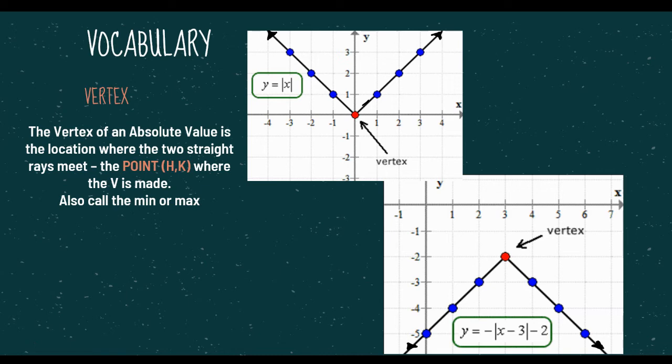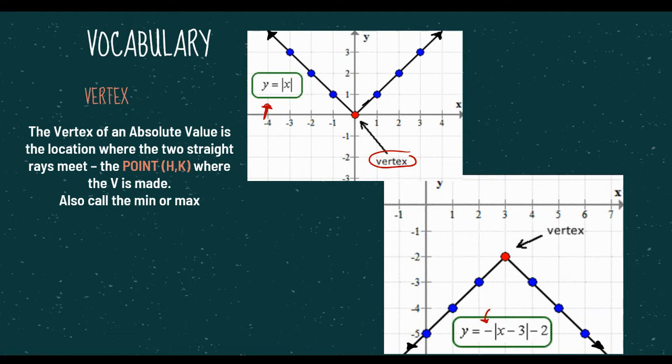They are V-shaped. And the vertex is where the two straight rays meet. So there's two rays, and at that red dot is the vertex. And this is just the equation of what's graphed. Now, why is this V-shaped one upside down? And that's because, and I just wanted to bring your notation to it, of that negative.